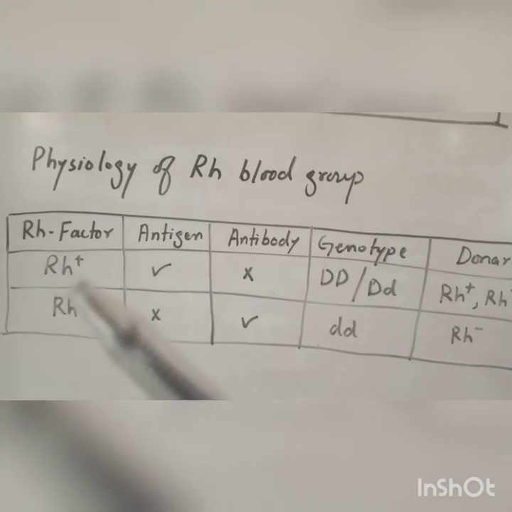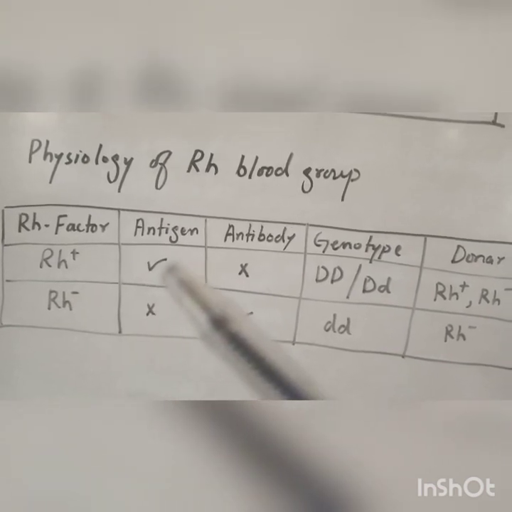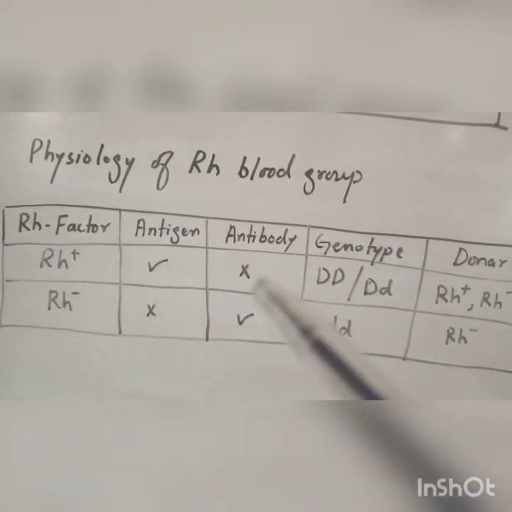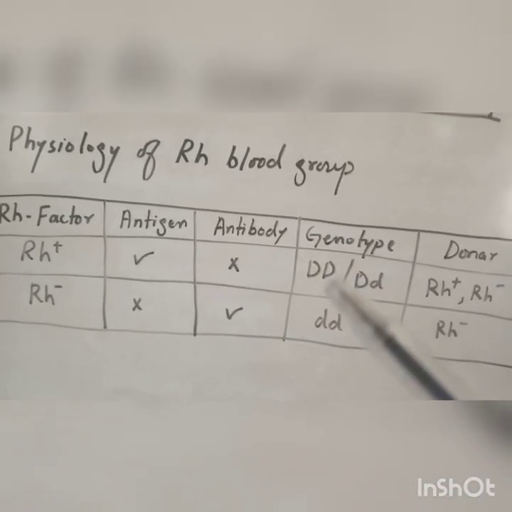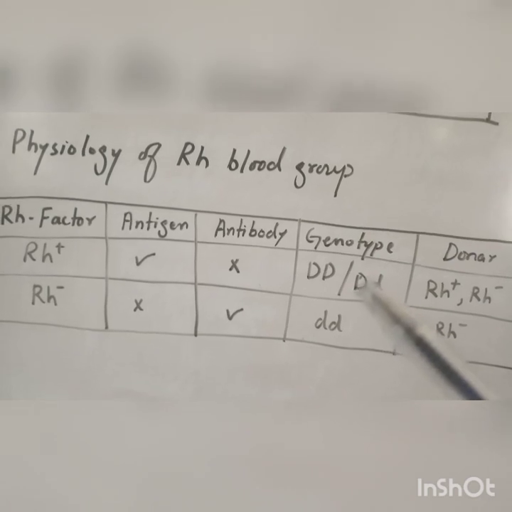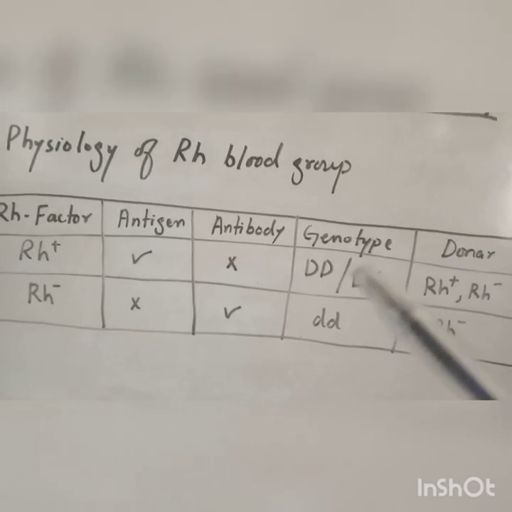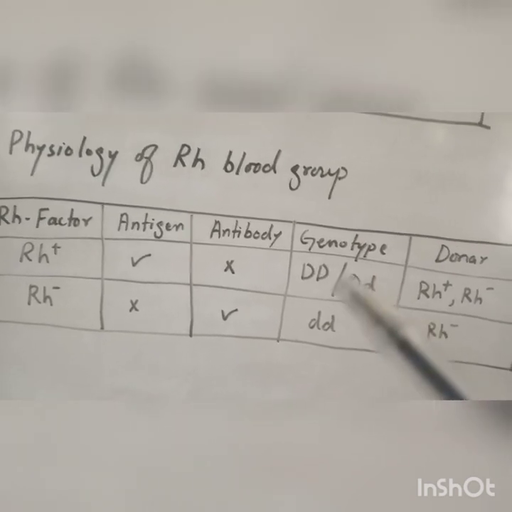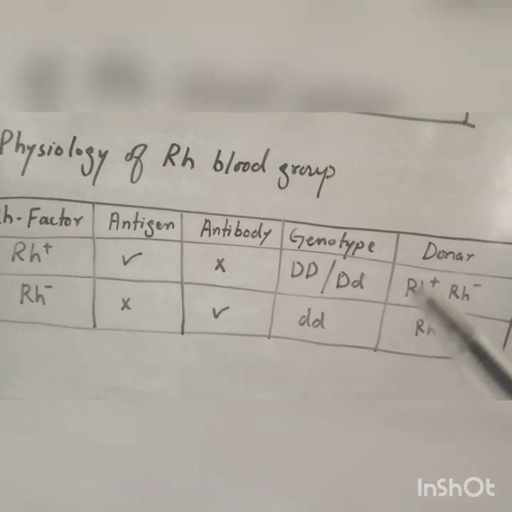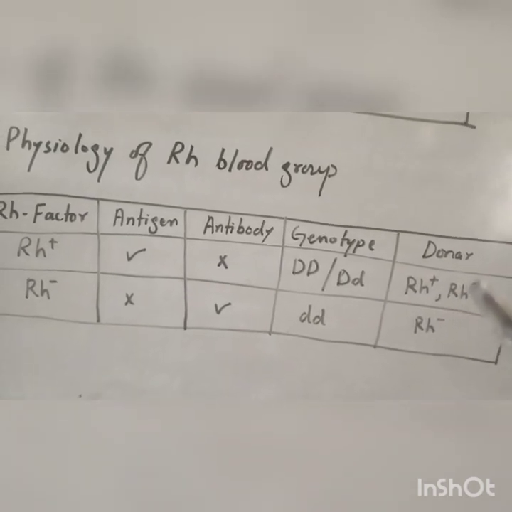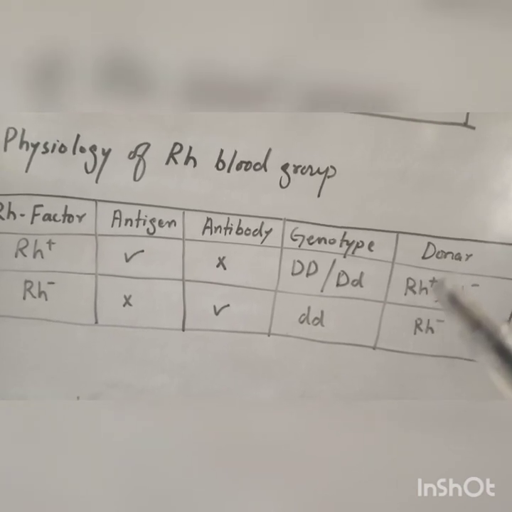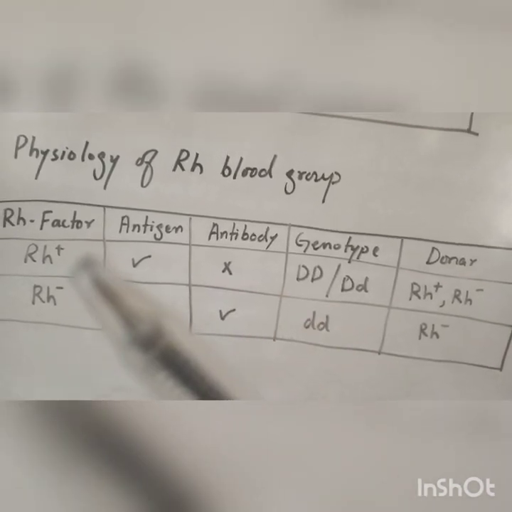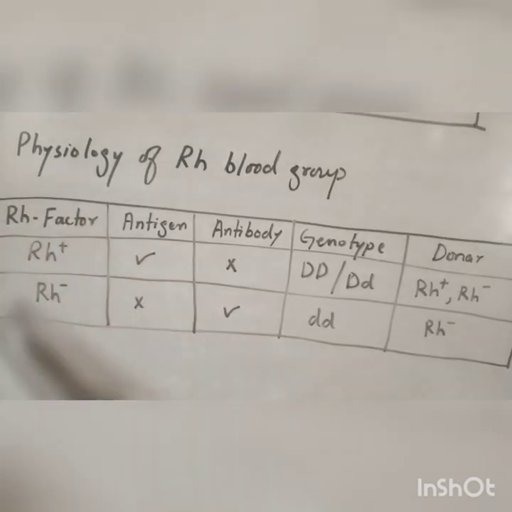On Rh positive the antigen is present while antibodies are absent, and the genotype for Rh positive is homozygous or heterozygous, represented by DD, and the donors are Rh positive as well as negative. Both negative and positive groups can be transfused to the positive groups.